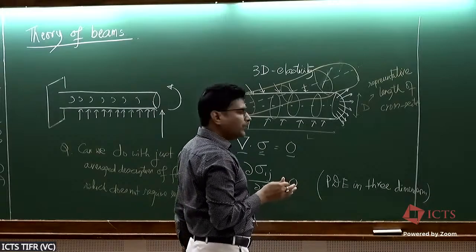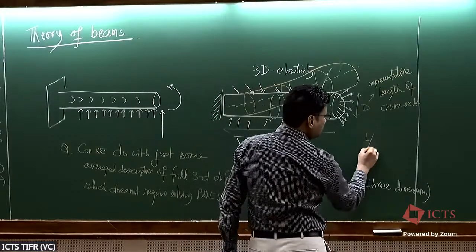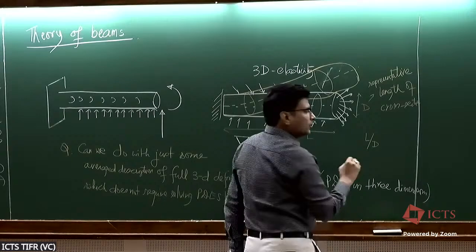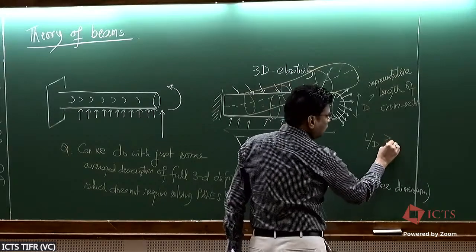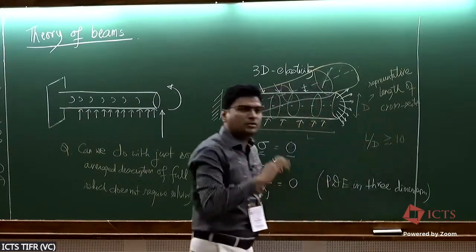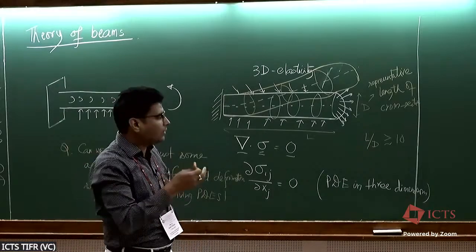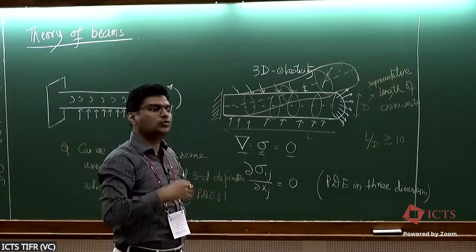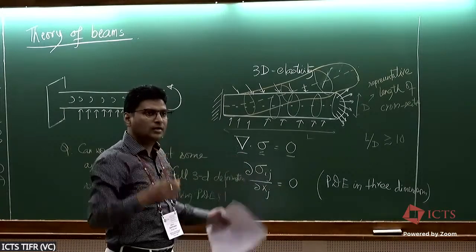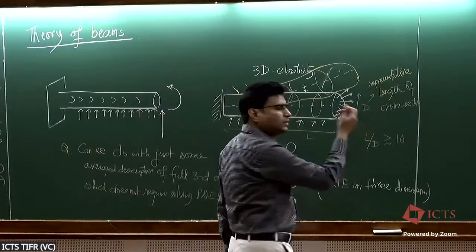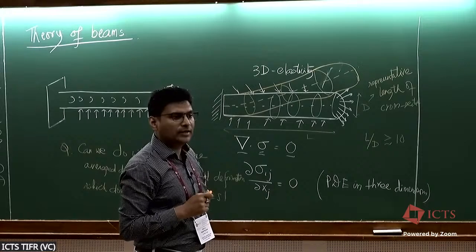So we have beams when L by D is greater than or equal to 10, roughly of this order. It could be 8 or 9 also, it could be 20, it could be 100, it could be 1,000. But L by D would not be, let's say, equal to 2 or 1. Then it's not a beam, okay?